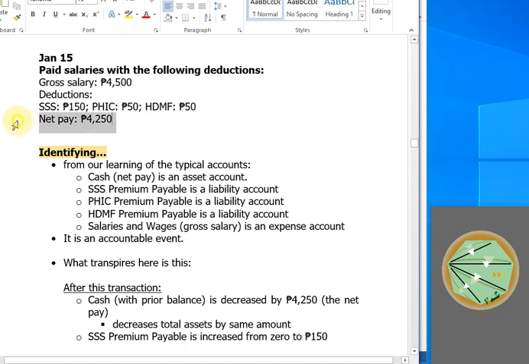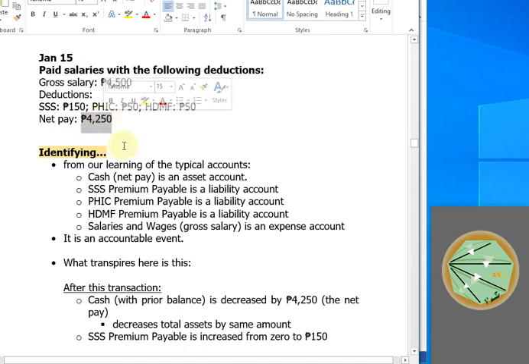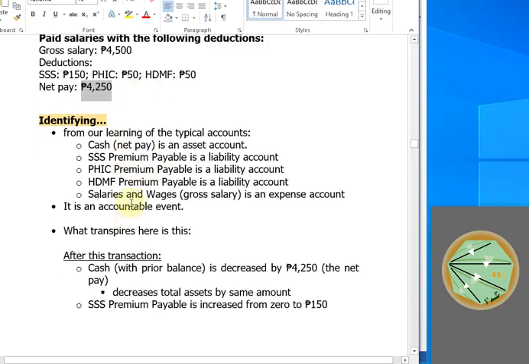So the net pay, or the amount that is to be paid to the employee, is 4,250, because it is reduced by the employee's share in the contributions. Again, we have 4,500 as our gross, but the net amount to be received by the employee or paid by the company is only 4,250. So what are the accounts affected?